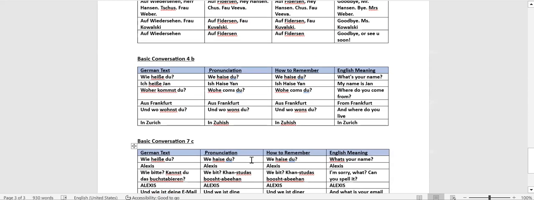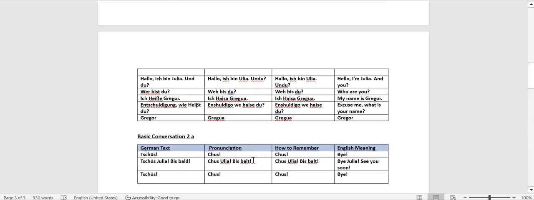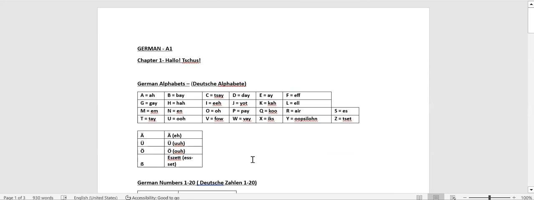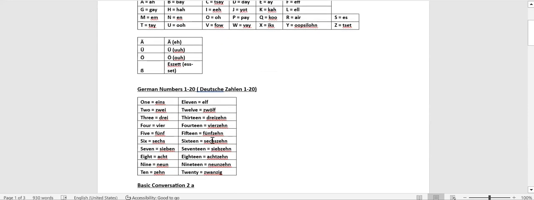So by this, we have completed the very first chapter in our Kursbuch, or German A1 book. The chapter name is Hallo and Tschüss. This chapter teaches us spellings and alphabets. It also teaches us the numbers from 1 to 20.